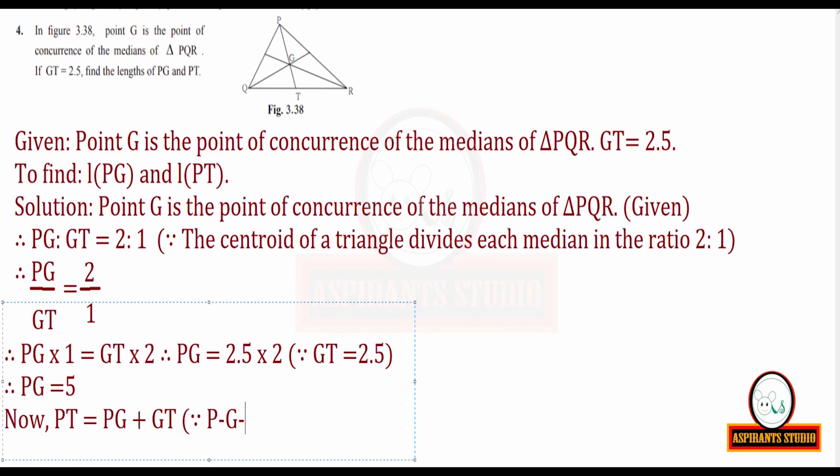P-G-T means that G lies between P and T. So by the betweenness property, the length of PT is equal to the length of PG plus the length of GT. Therefore, length of PT will be equal to 5 plus 2.5, that is 7.5 units.